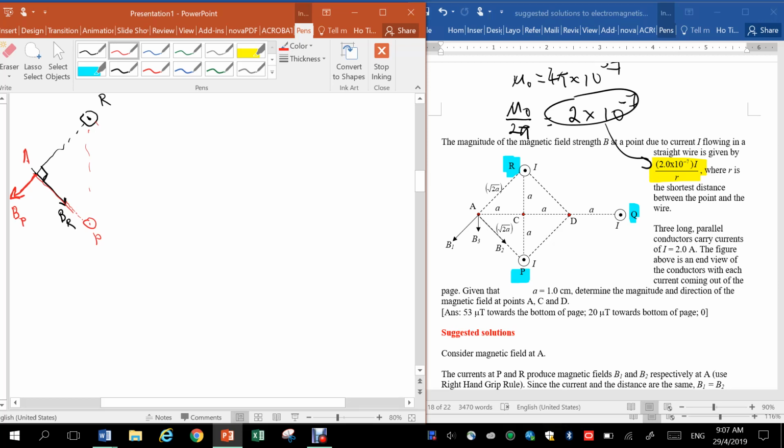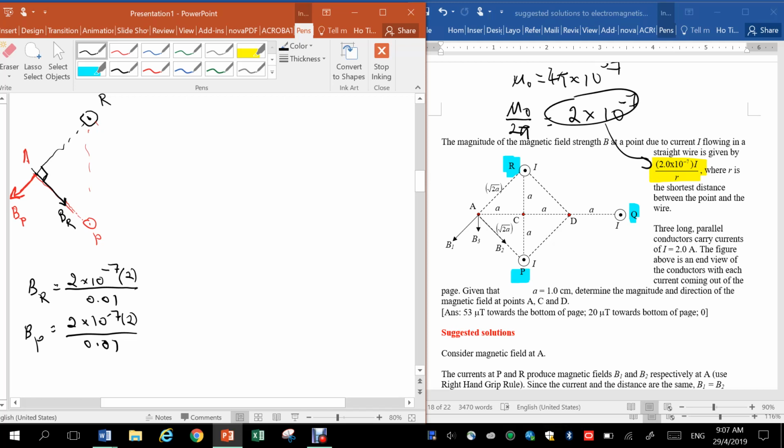Is that correct? Yes, that must be correct because B due to R is 2 times 10 to the power minus 7, the current value is 2 and the distance is 0.01. The B due to P happens to have exactly the same working. But this does not mean these two vectors are the same because remember it's a vector, they point in different directions, we have to sum it up.